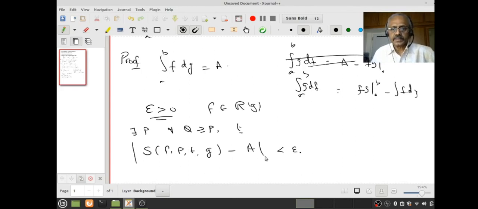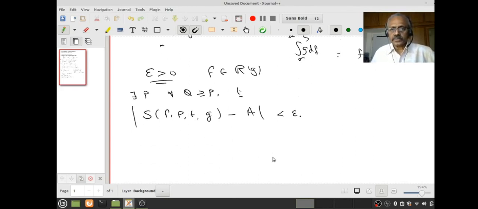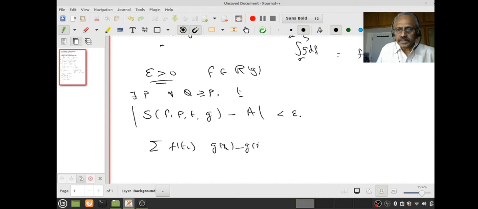Now let's just play with it. This object means the summation of f of ti times g of xi minus g of xi minus 1, for i equal to 1 to n.